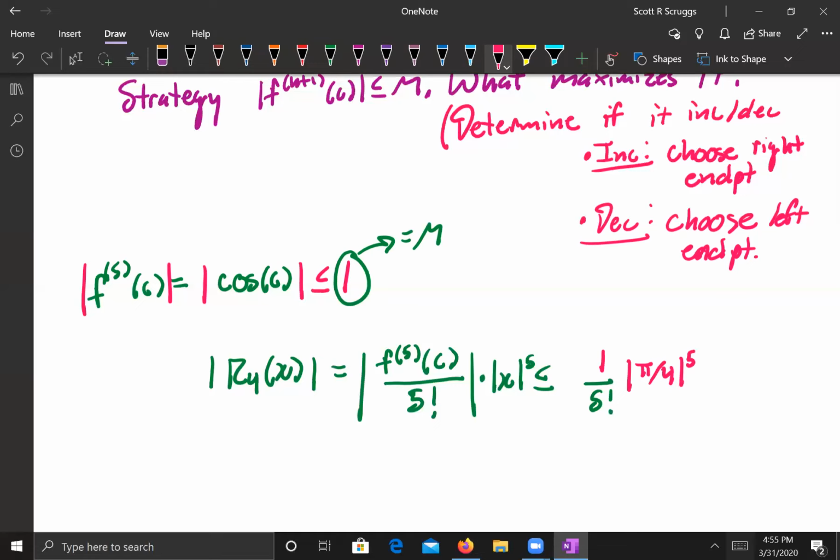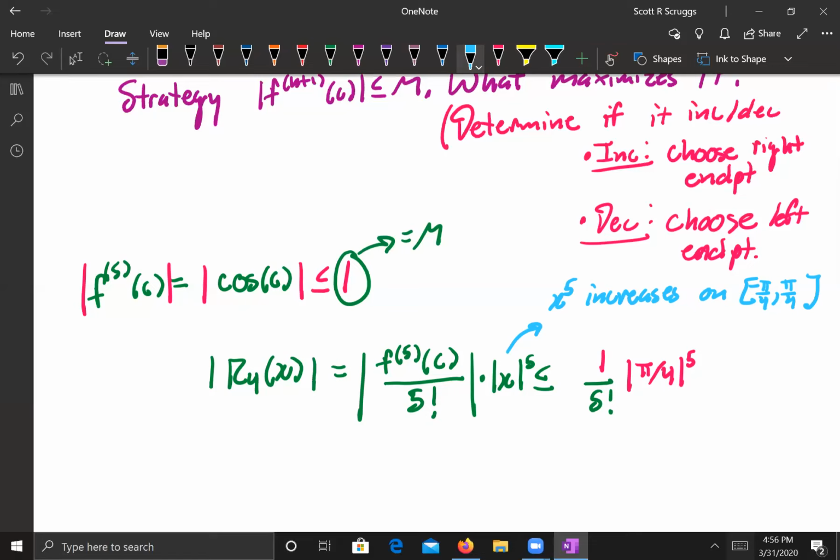The reason why I'm plugging in pi over 4 into x is because in that interval negative pi over 4 to pi over 4, I claim that x to the 5th always increases.